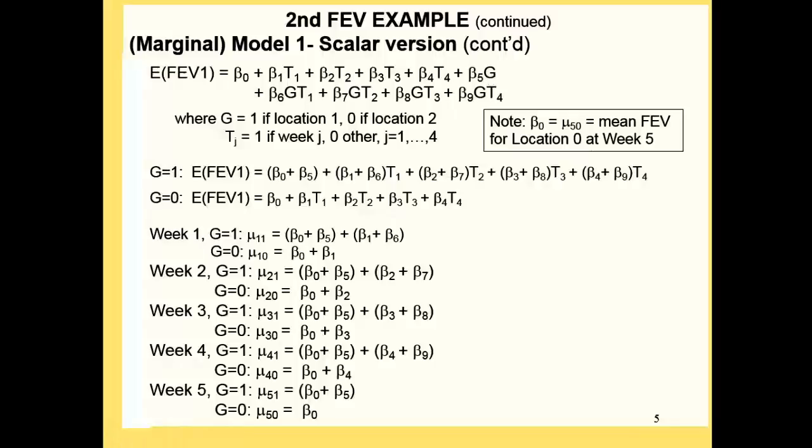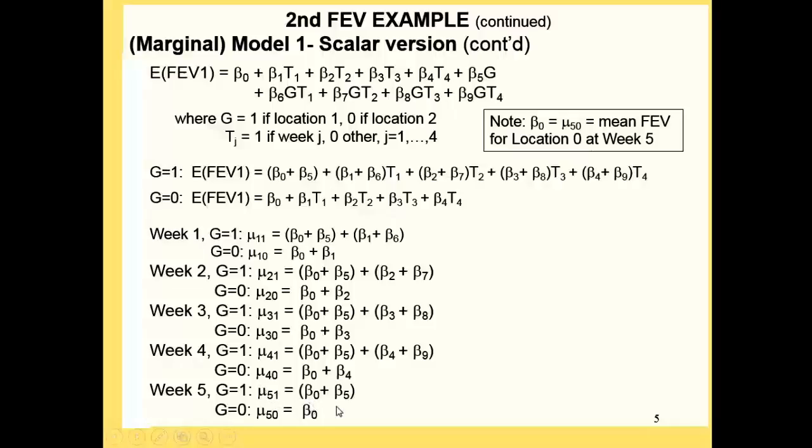But if we're talking about week 5, all of these product terms are 0 still. G is 1, all these product terms are 0, and all these terms are 0. So this model simplifies at location 1 to beta 0 plus beta 5.